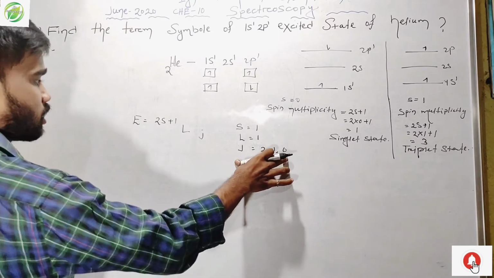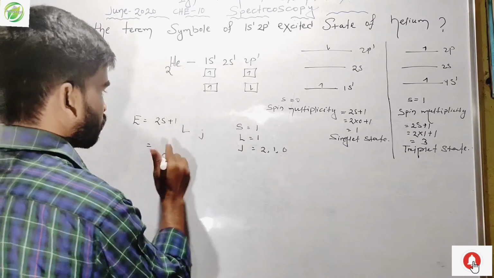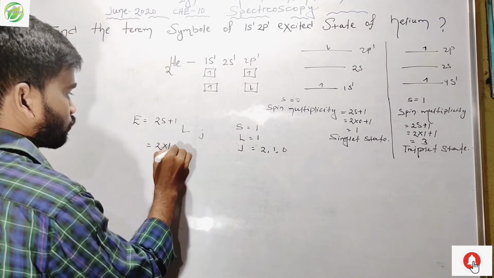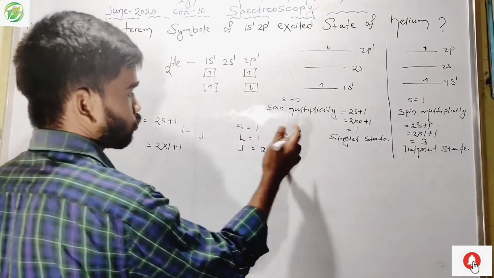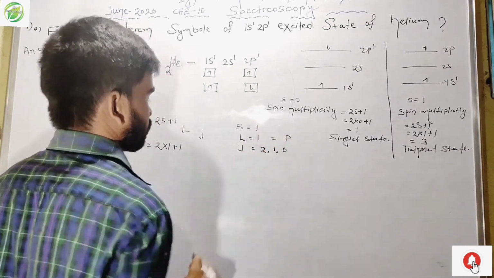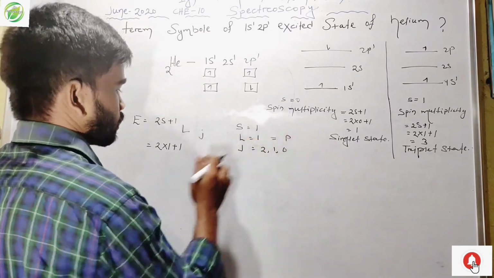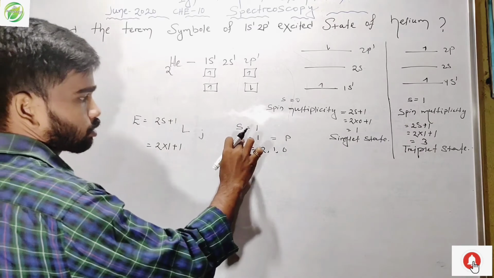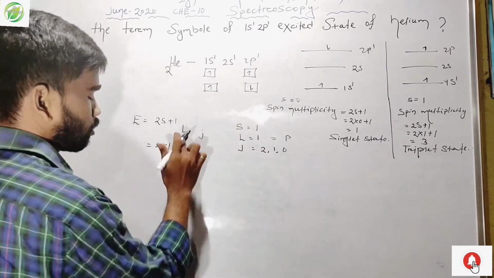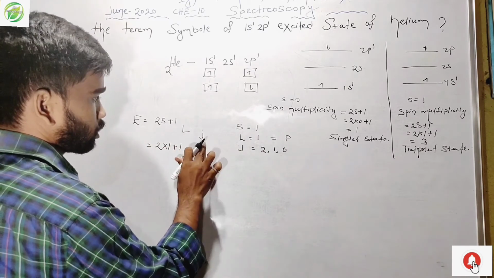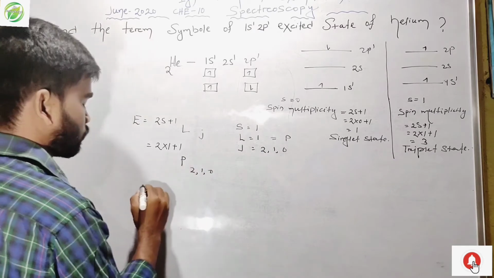Let's put all these values in this equation. For S we put 1. For L, as we already discussed, when the L value is 0 we put S. In this case the L value is 1, so we put P. For J we put this value, that is 2, 1, 0.